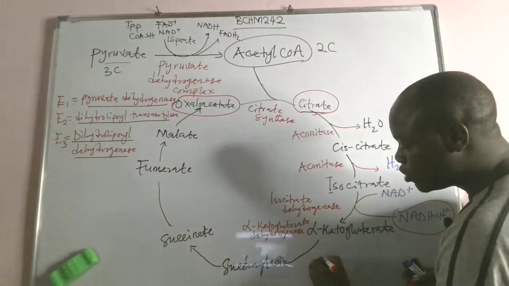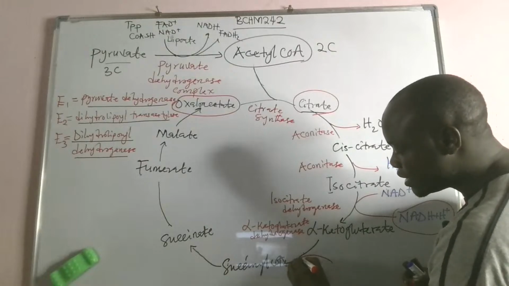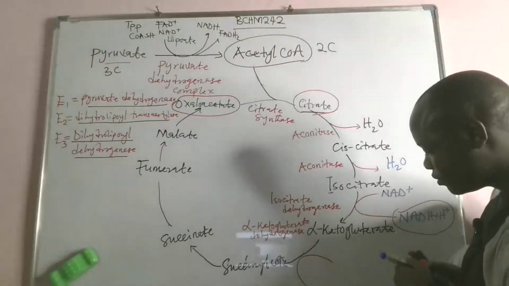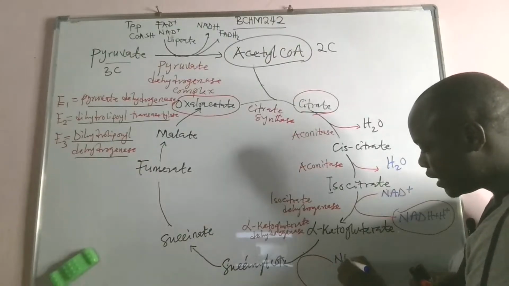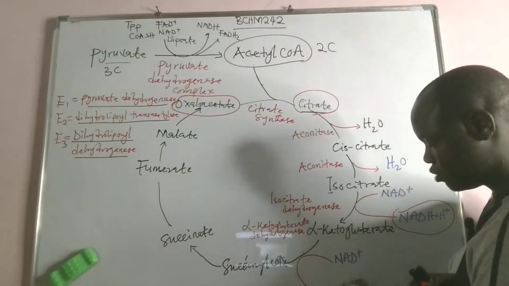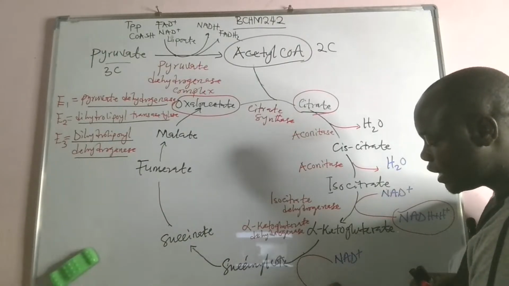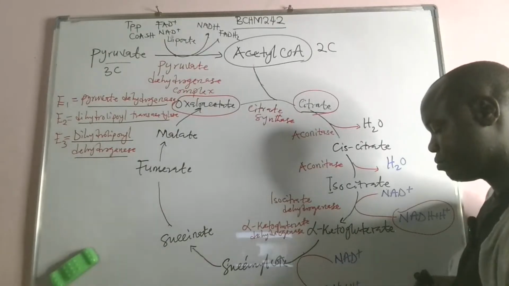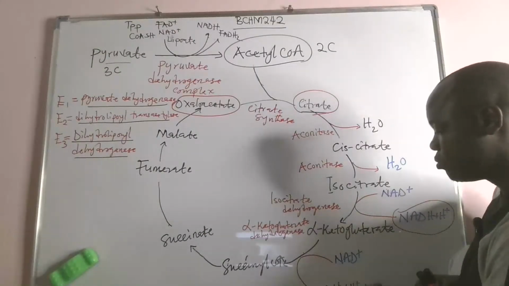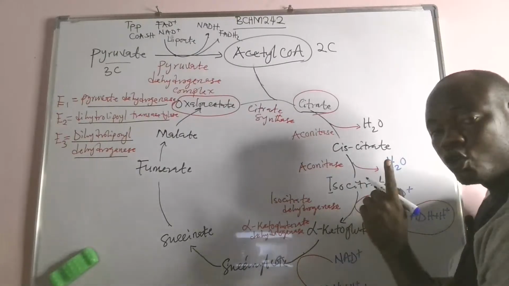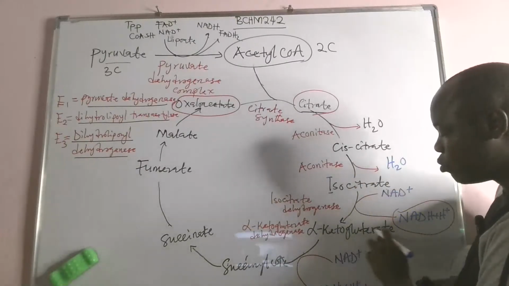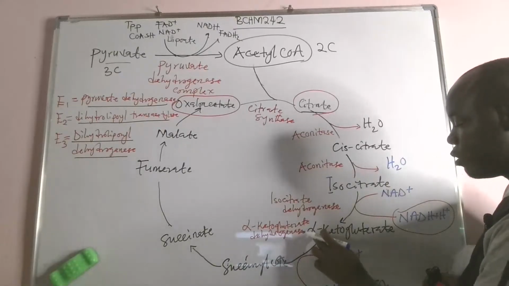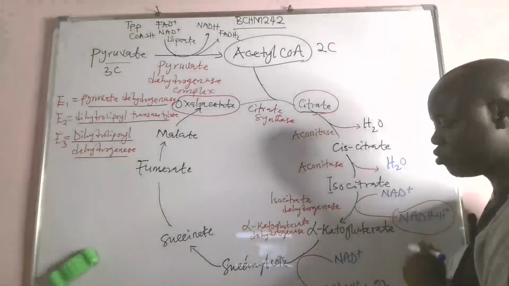Alpha ketoglutarate dehydrogenase is an enzyme that at the same time also converts NAD plus to NADH plus H. And at the same time, one molecule of carbon dioxide is removed from alpha ketoglutarate to succinyl-CoA.